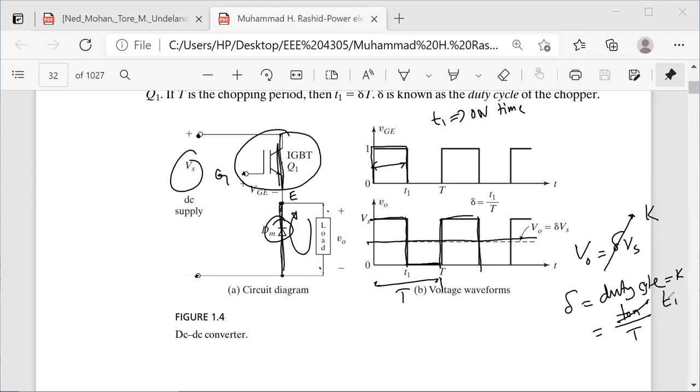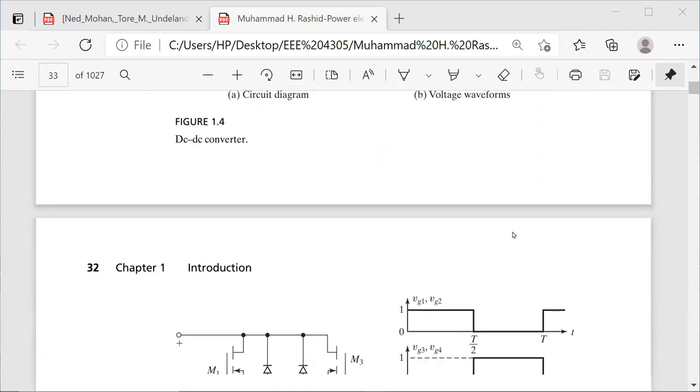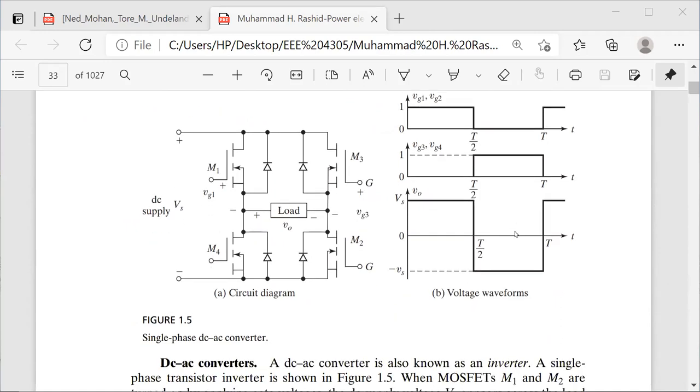So if you change T1, if you increase T1, your duty cycle will be increased, and your output voltage V0, the DC voltage, will be increased. We will cover all these things elaborately. I don't want to talk much about this right now.